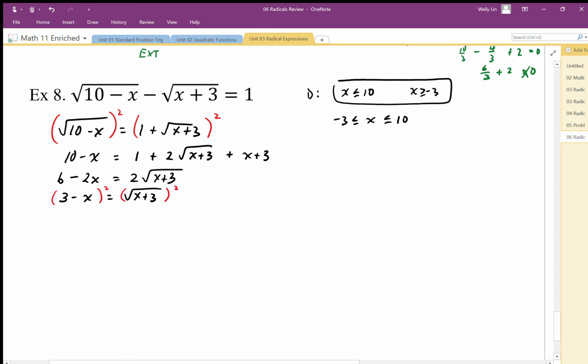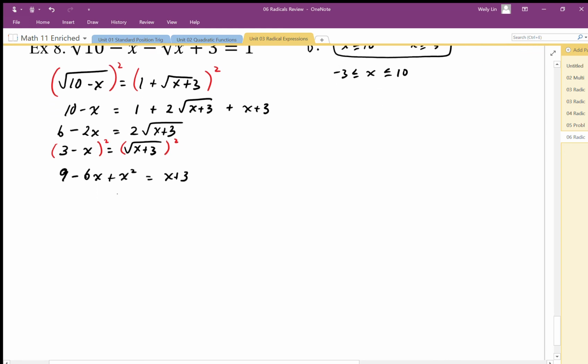We'll get rid of the second square root by squaring. Again, it's a binomial, so make sure you expand out that binomial correctly. Okay, it's a quadratic equation.